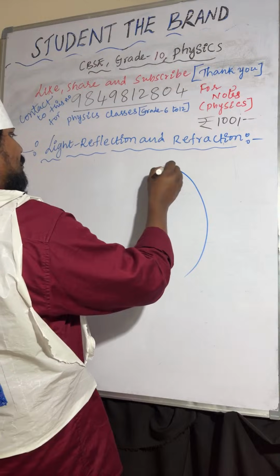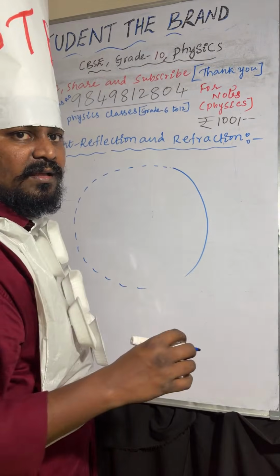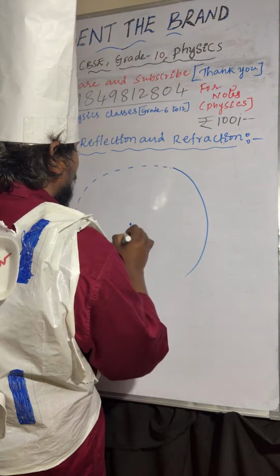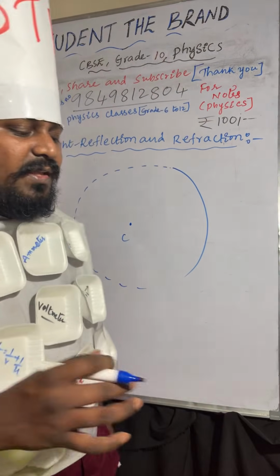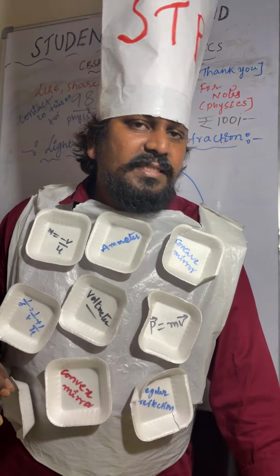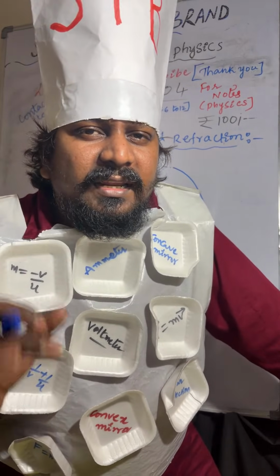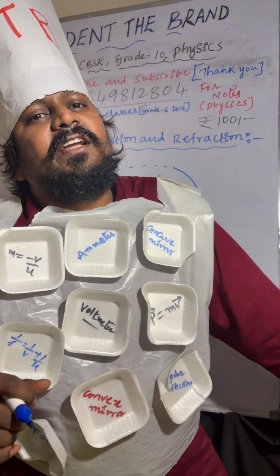This is a part of this sphere, and this is the center of curvature. The center of the imaginary sphere of which the mirror is a part is called center of curvature.